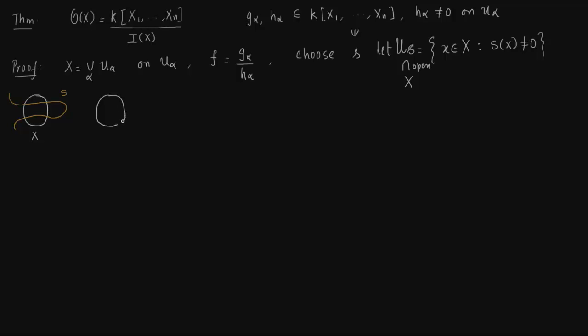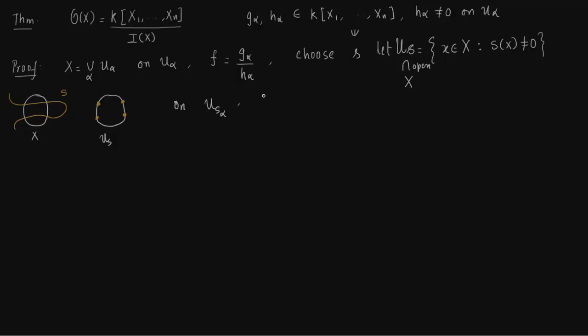That is X minus the 4 points where the polynomial curve cuts X, because what I have drawn in brown is nothing but the equation of the polynomial S(x) equals 0. So X minus those 4 points in brown is what U_S is. That is precisely those points where the polynomial does not vanish. It vanishes only on 4 points, and on the rest of the points the polynomial does not vanish.